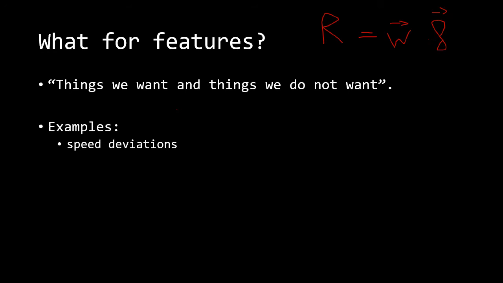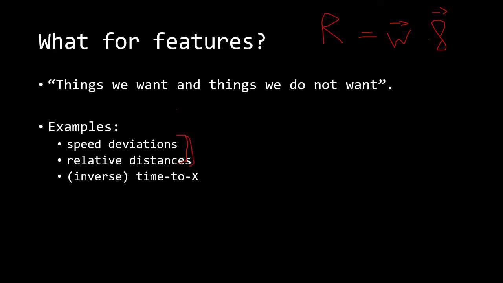Some examples I've seen in some papers: speed, obviously, then you have distances, and then you can derive time from that. What I want to say in this case is that it's usually relative. It doesn't make too much sense to have absolute values. I mentioned the 30 kilometer case where you want to generalize independently of the speed limit.